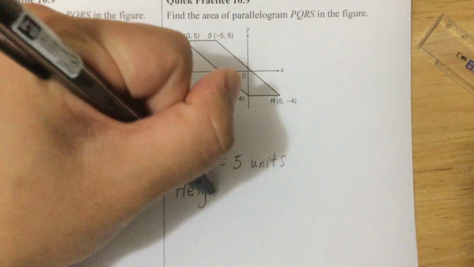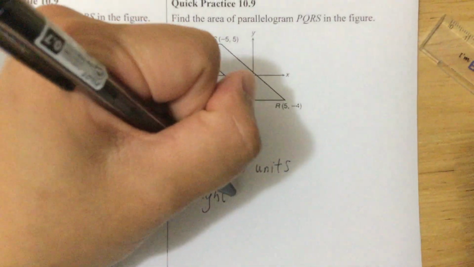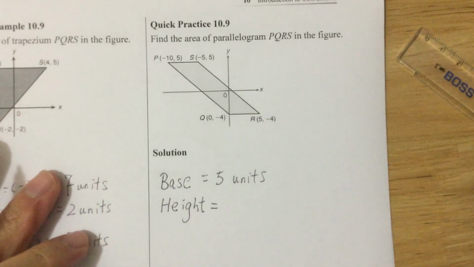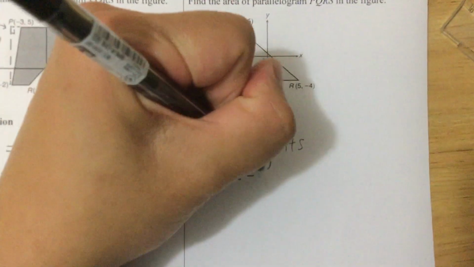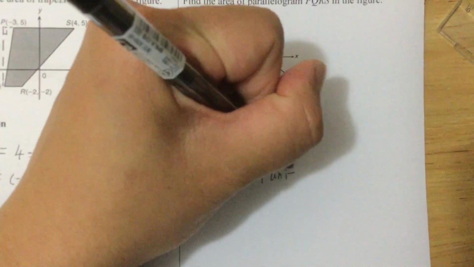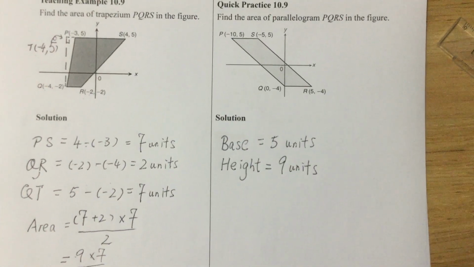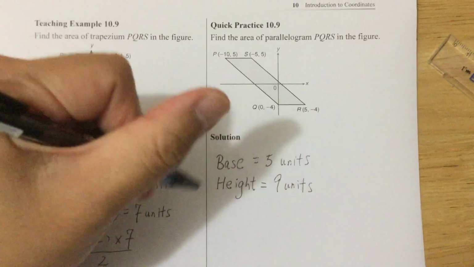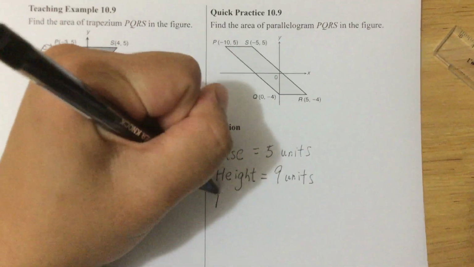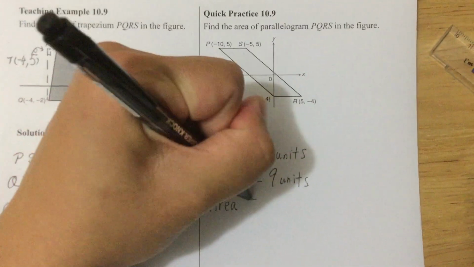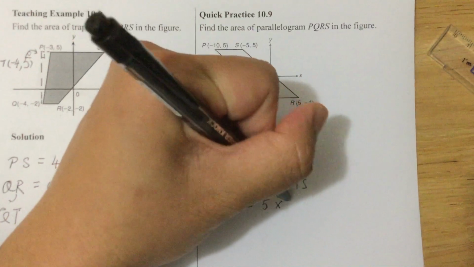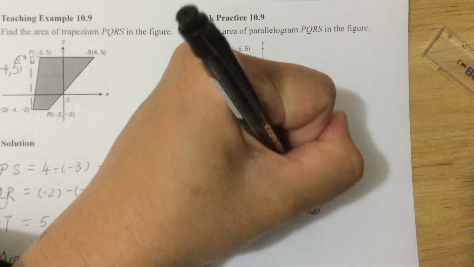I will not draw the height for you, so you must draw it by yourself. The height is 9 units. I can read it immediately from the figure because there's some clever way. I hope that you can find it. Okay, now the last one is the area. 5 times 9, that means this is 45 square units.